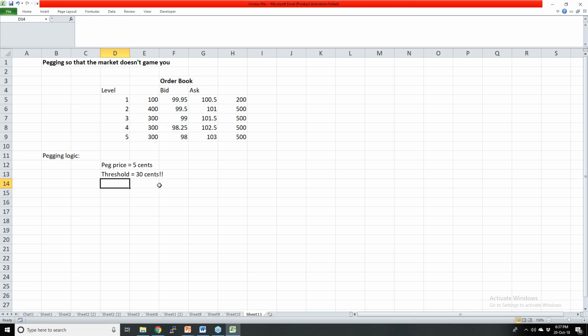So say you start with this order book. What you will do is you will fire, and say you wanted to buy 1,000 shares, you will fire 1,000 shares at 100, right? And you will note down the best bid when you fired your order.